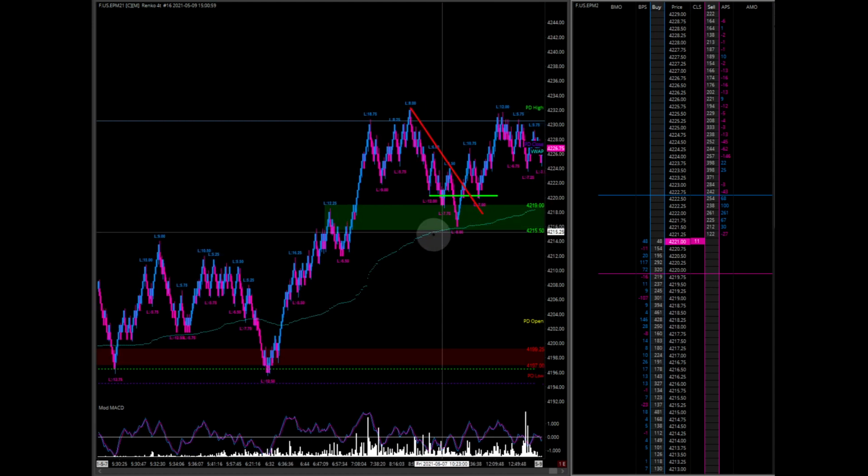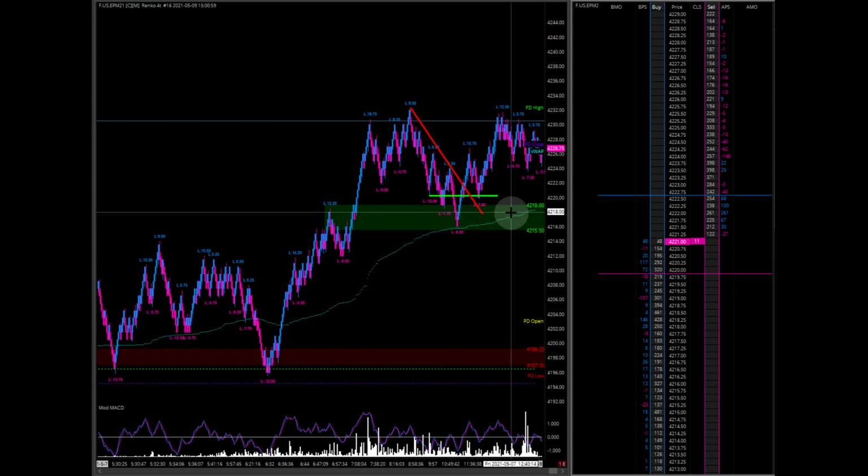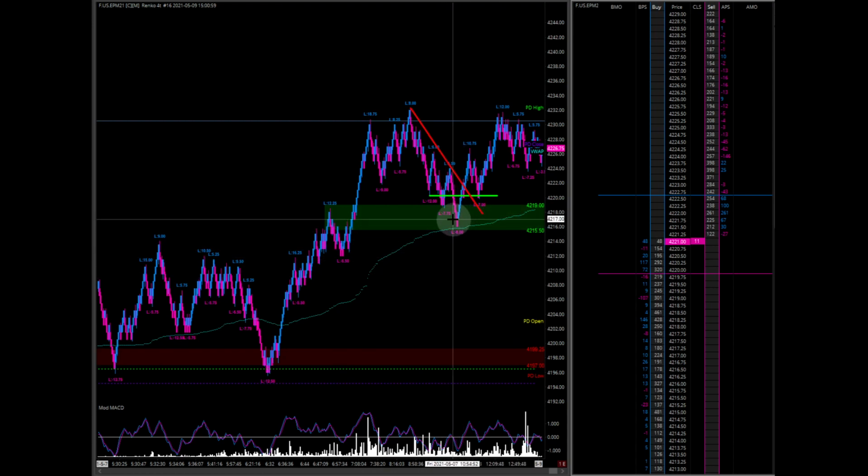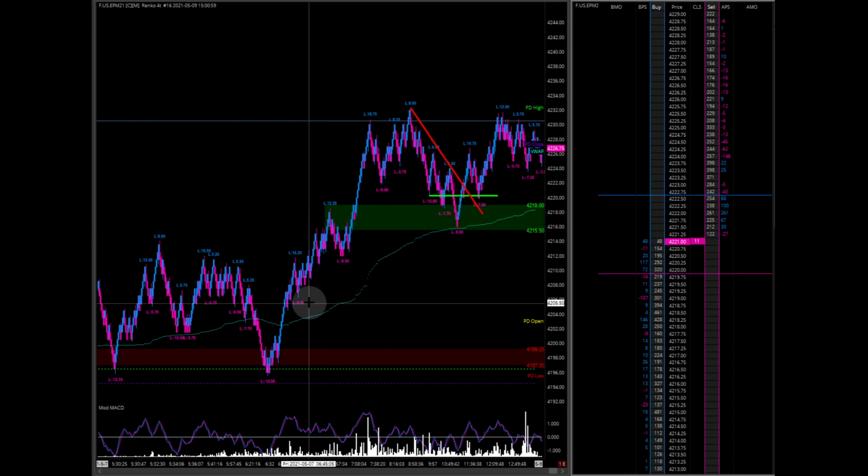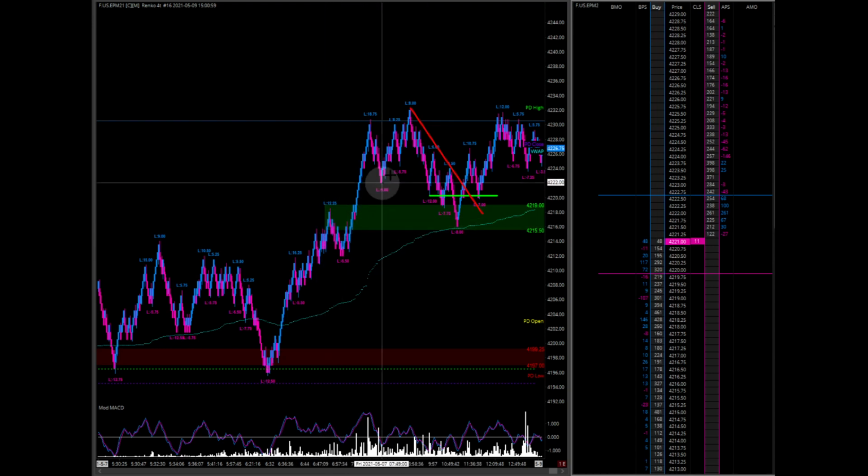We also have, this little teal dotted line here is volume weighted average price, VWAP, for the intraday session. Okay, so that's also some correlation, right? Because the average price of traders based on volume is right here, right? So that tells me, okay, well, we have structure.